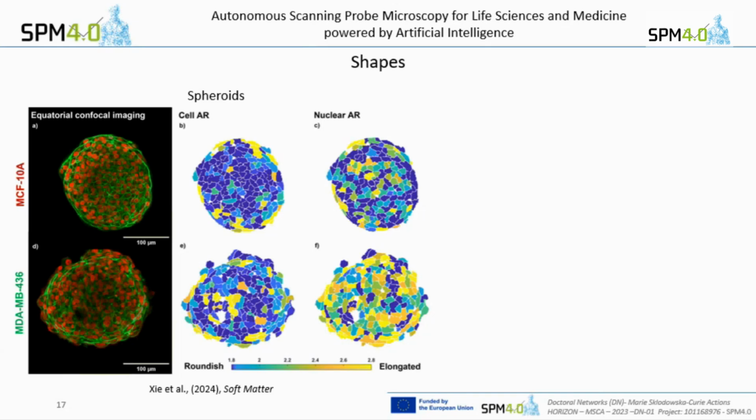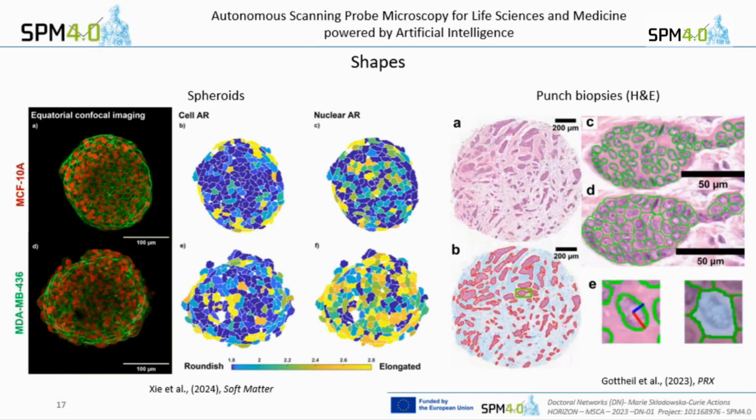All based on optical methods. And the cool thing is you can also do that in H&E stains, so from patients. And there we also have access to large databases with tens of thousands of samples. And this is what Pablo Gotthard from Leipzig did in this very exciting paper from 2 years ago.